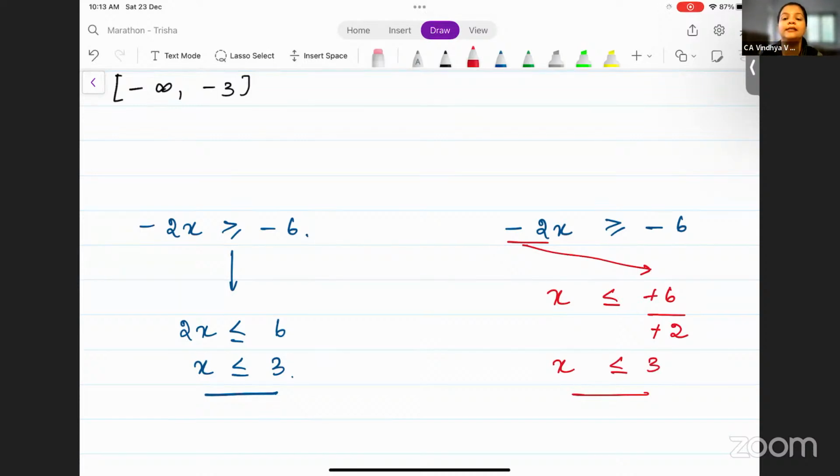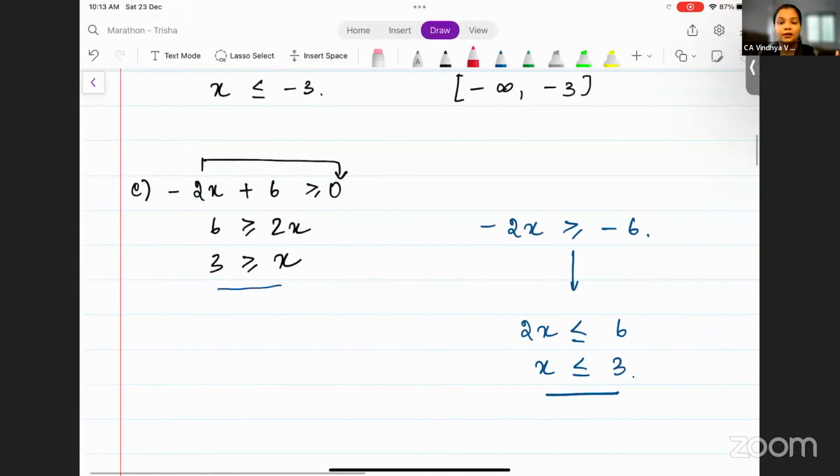What is important is the answer should remain the same, correct? In all the three different ways that we have solved, the answer has remained the same. What you need to take away from here is that there are different ways of solving, but the answer will always remain the same. I hope this is clear.